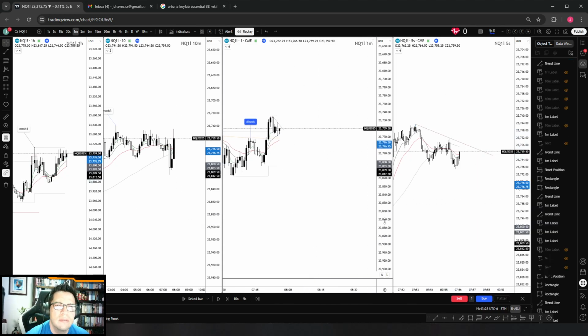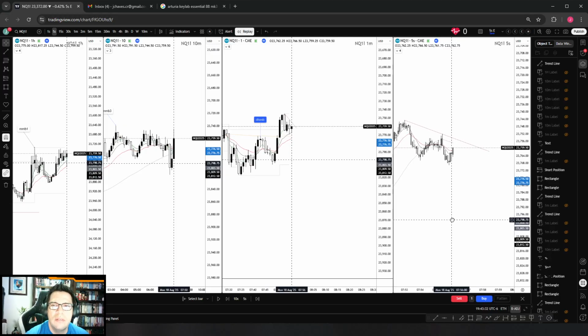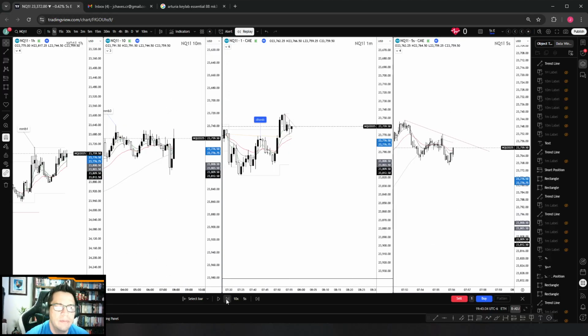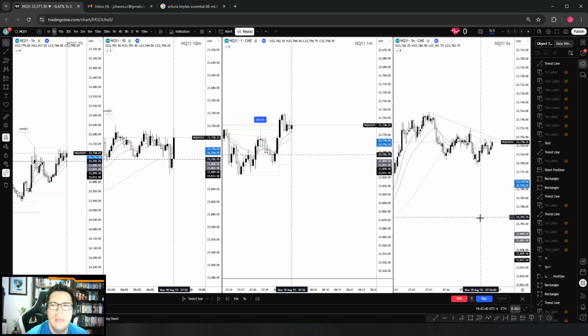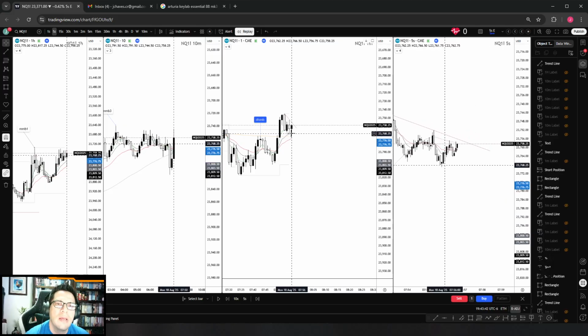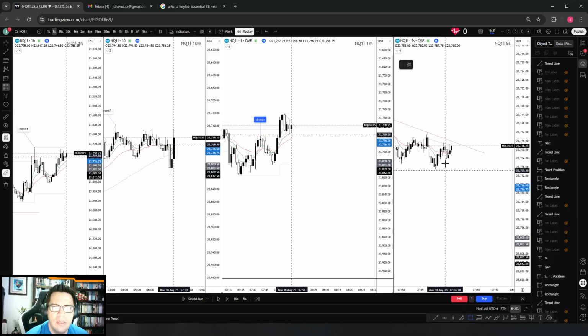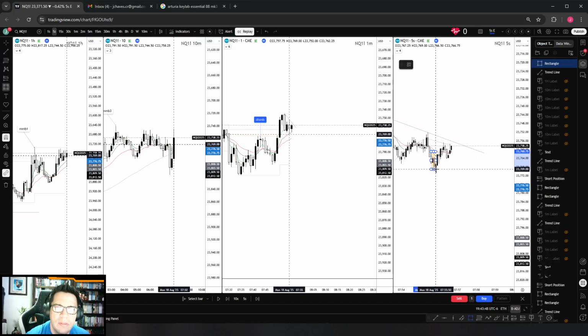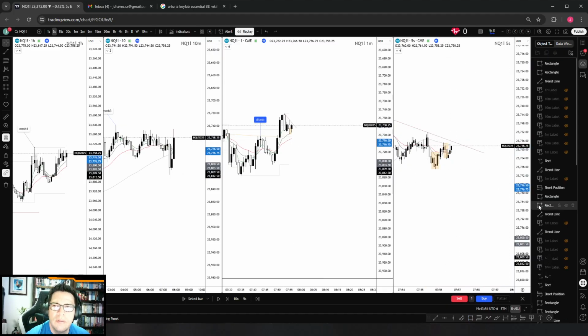And let's start watching to see if there would be a double MB build up there. So at this point here, out of the touch of the 20, we could say that there is some sort of double MB right here. So I'm gonna just put that there.